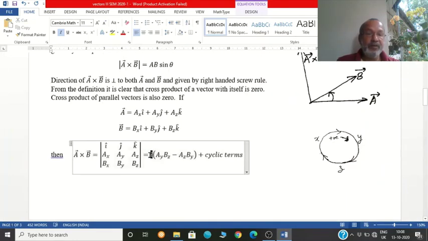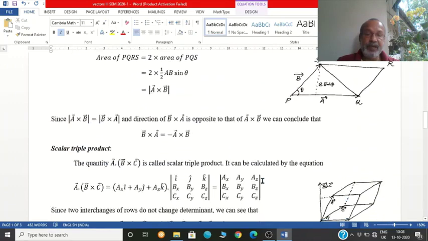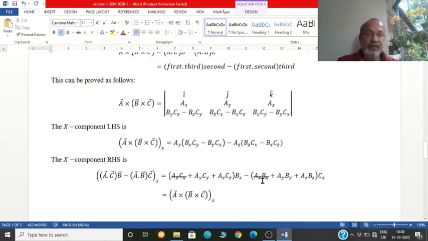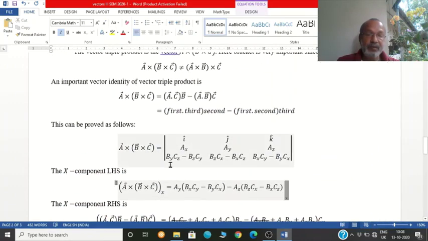X component of A cross B will be I into AY BZ minus AZ BY. Similarly, this is B and C. First vector is B and the second vector is C. So BY CZ minus BZ CY.